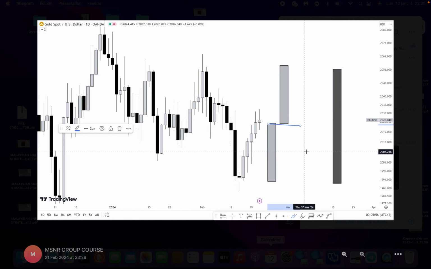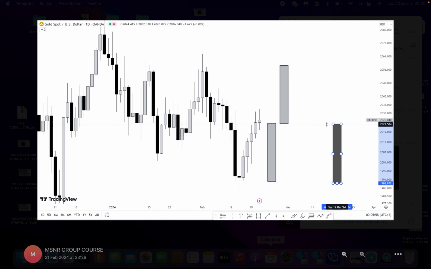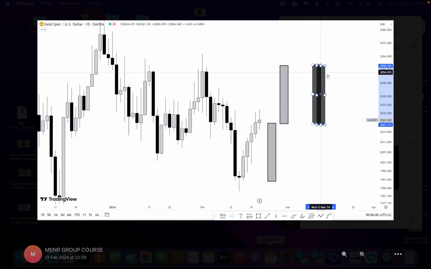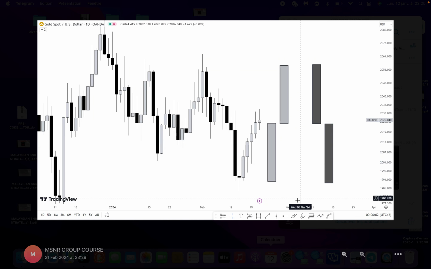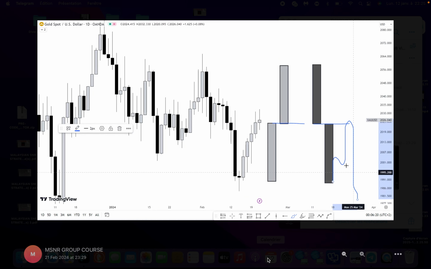And same thing with this one, where you get a sell and then a sell, your area of support is here, area of resistance is here, right? Meaning that when price is in an uptrend, you're going to expect a continuation from here. When price is in a downtrend, you're going to expect a continuation of a sell from this area, right?